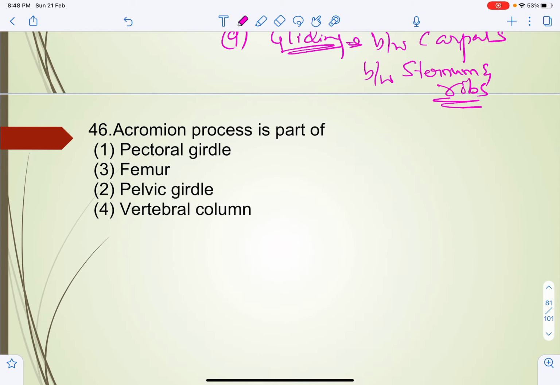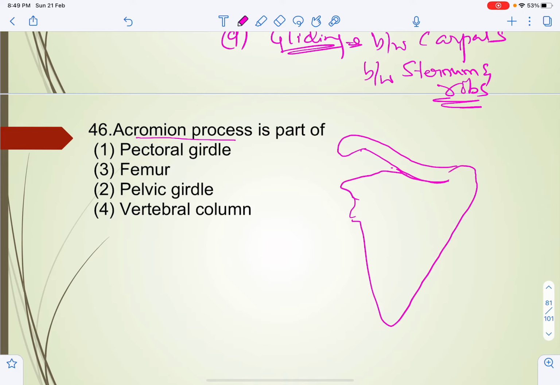Let us take some other questions. Acromion process is a part of the shoulder blade, which we have already discussed, in the ridge of the shoulder blade. This is what we drew in the previous class. Here is the acromion process, and one more below is the coracoid process, and this is the glenoid cavity where the humerus attaches.